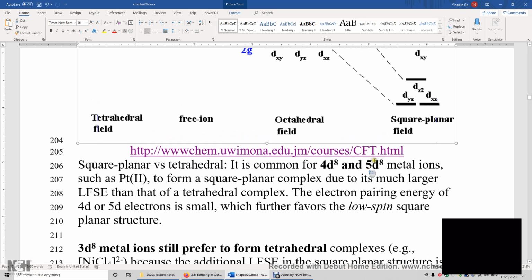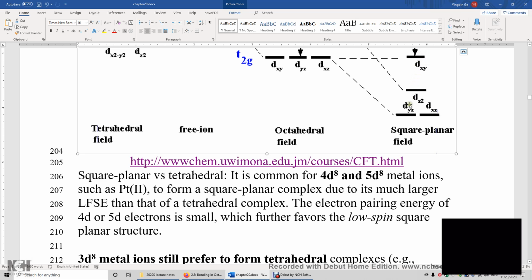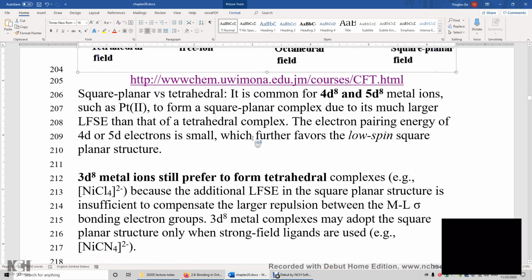Okay, again, 8 d electrons occupying these 4 orbitals will have all electrons paired. Now let's get back to 3d8 metal ions. For example, nickel 2 plus has 8 d electrons. It prefers to form a tetrahedral structure.